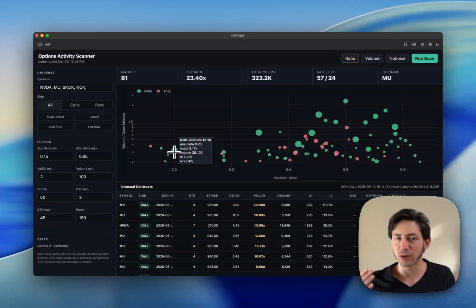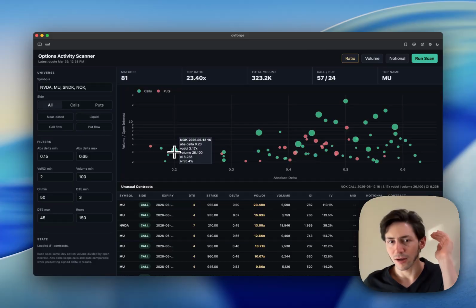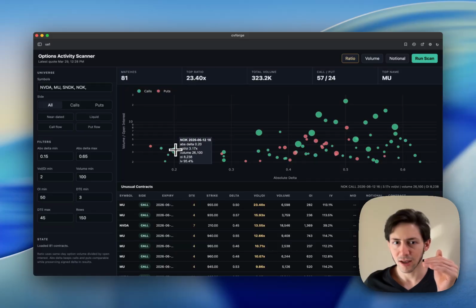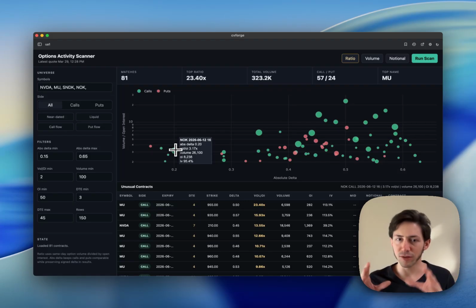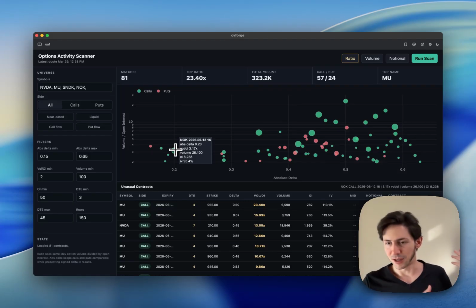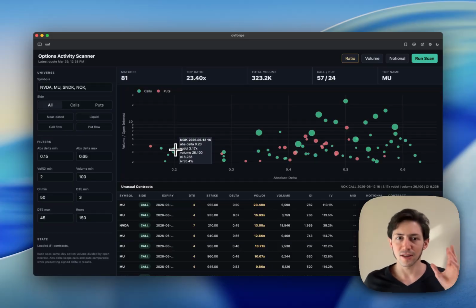And how we found it is this is the volume divided by open interest ratio. So this volume of 26K is way higher than, it's over three times higher than the open interest. So a lot more of these were traded today than had been held in open positions. So this is interesting.